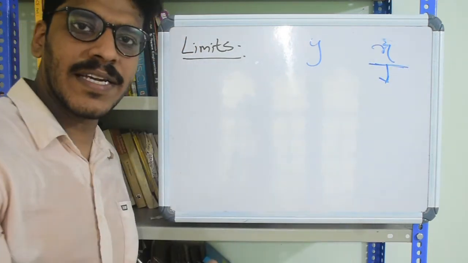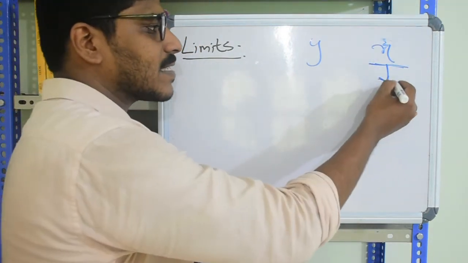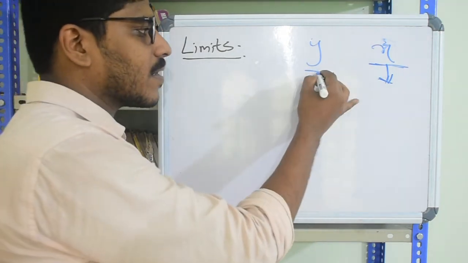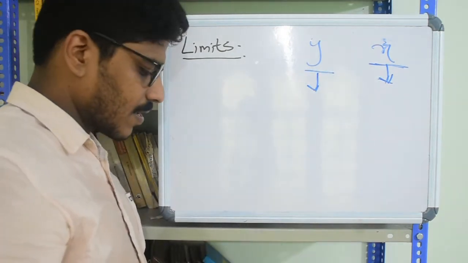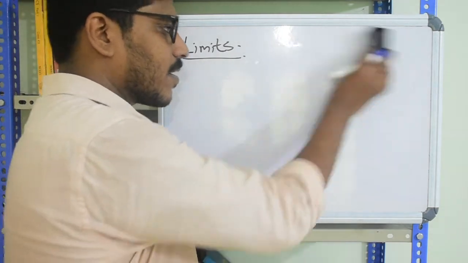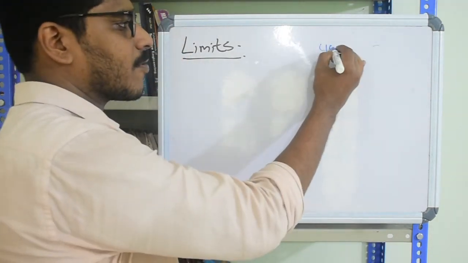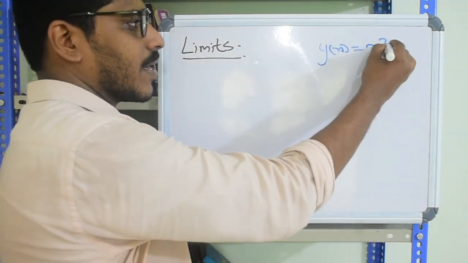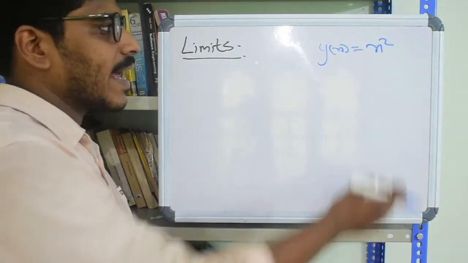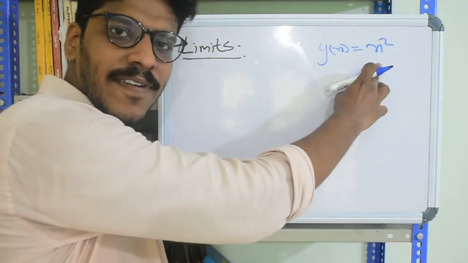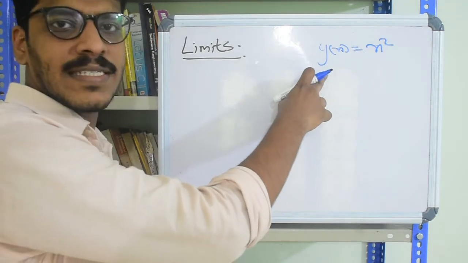We call x the independent variable. As x varies, it changes y as well, right? For example, if we have the function y of x equal to x square, as x changes its value, y also changes its value.